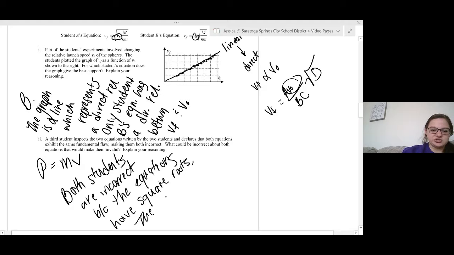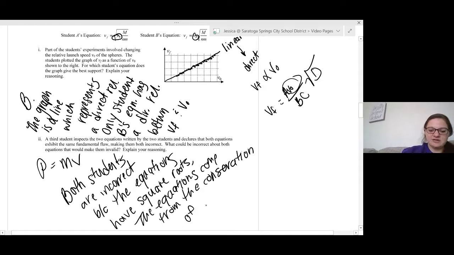The equations come from the conservation of momentum equation.